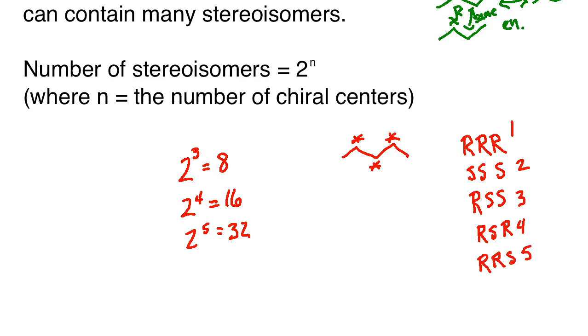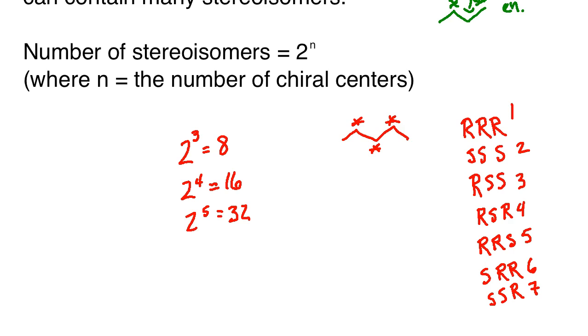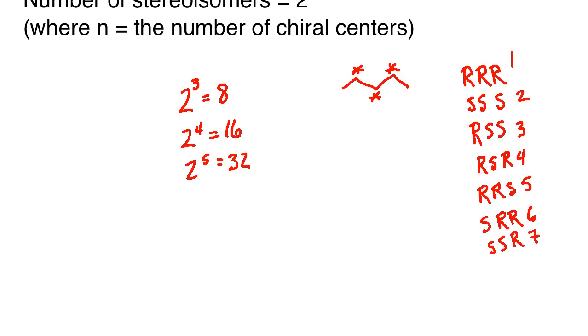We could have S, R, R. That would be 6. We could have S, S, R. That would be 7. And let me squeeze a little room here for the last one. The last one, I have to look here, would be S, R, S, I believe. S, R, S would be the last one.